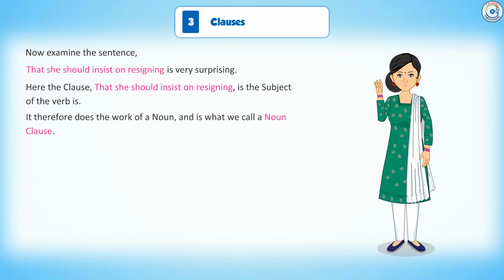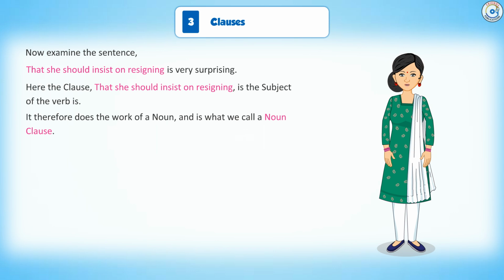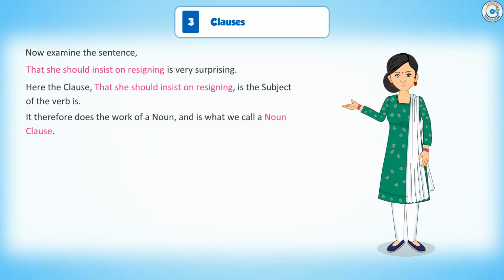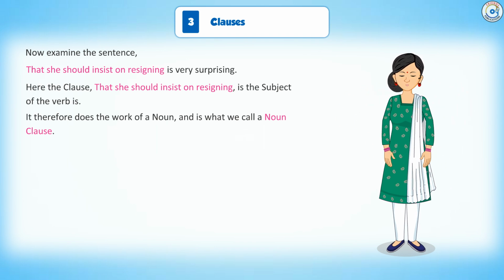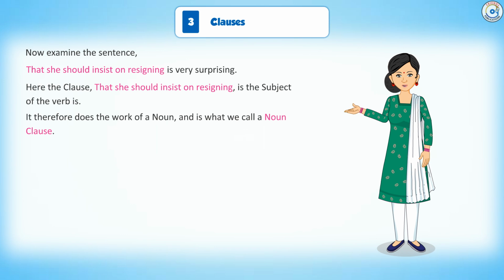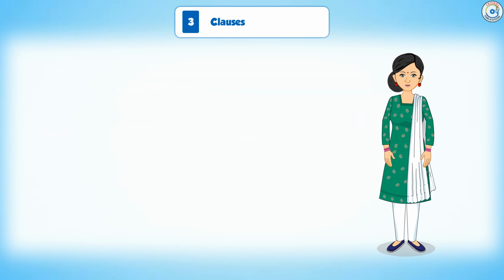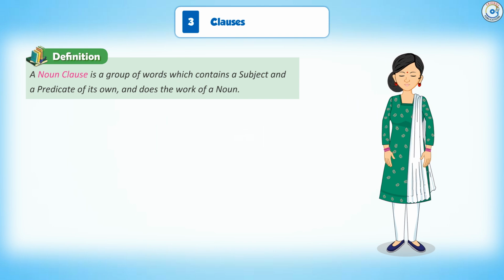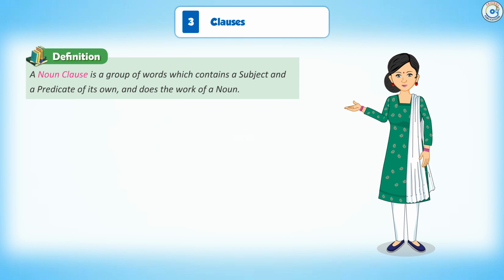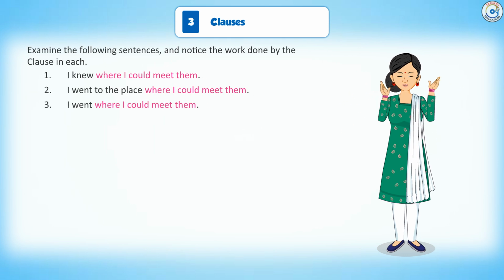That she should insist on resigning is very surprising. Here the clause, that she should insist on resigning, is the subject of the verb is. It therefore does the work of a noun and is what we call a noun clause. Definition: a noun clause is a group of words which contains a subject and a predicate of its own and does the work of a noun.